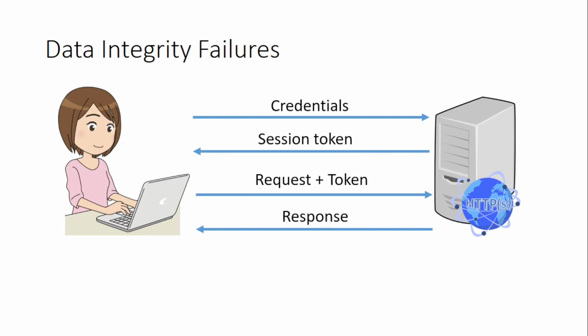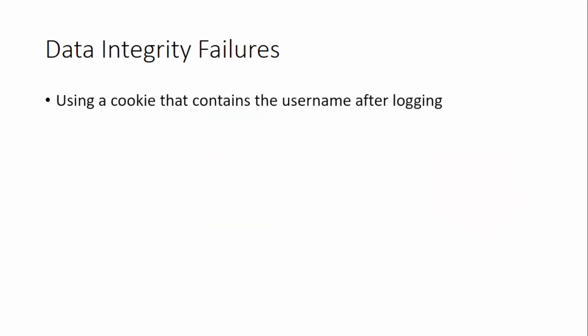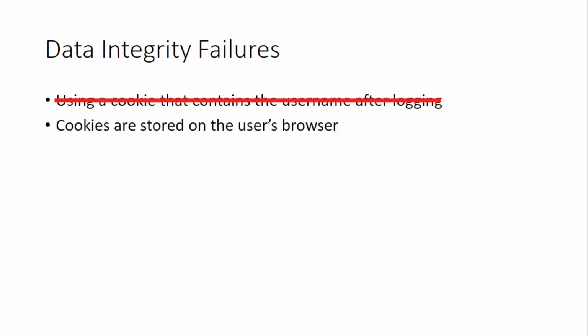However, if we take the example where it was using the cookie with the username directly in it, it's a big security problem because cookies are stored on the user's browser, so that means they can be easily tampered with and changed.